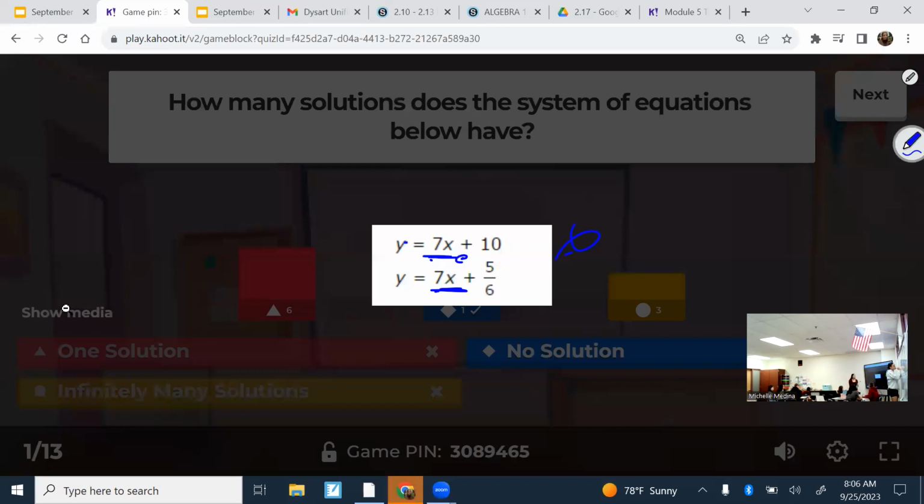So the number in front of the x is always your slope. So when they have the same slope, because it is the same, but different, what are these over here? Different y-intercepts, what does that create? What do we call it? Parallel lines.